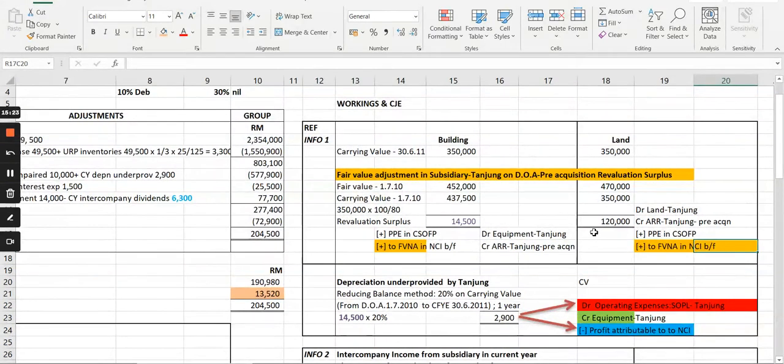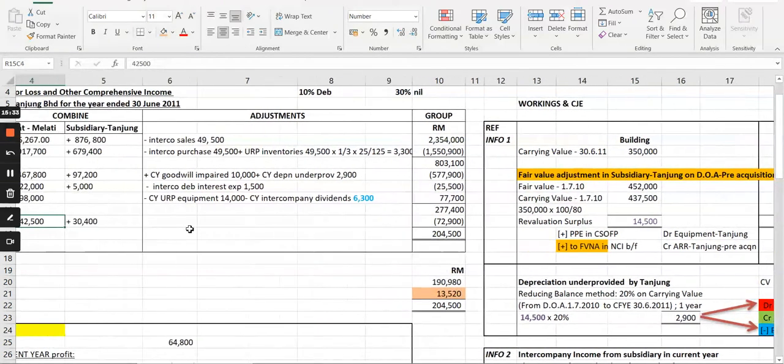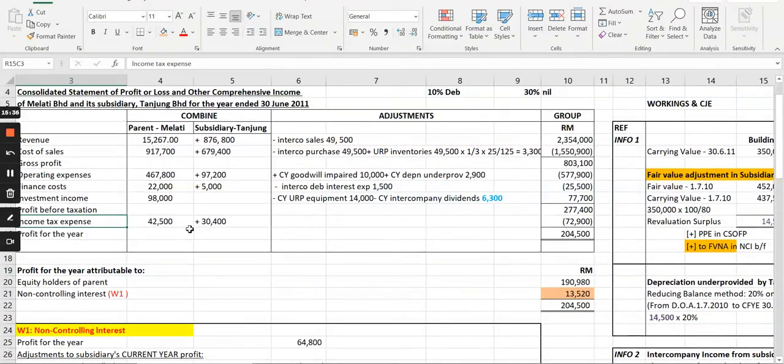So these two reserves, one for the building, another for the land, shouldn't be included here because this is not post-acquisition reserve. What you will include is in case the subsidiary has other comprehensive income that happens somewhere, let's say at the end of the current year, not right at the beginning of the year. So that will not be included.